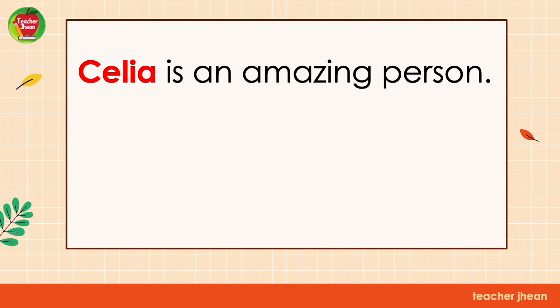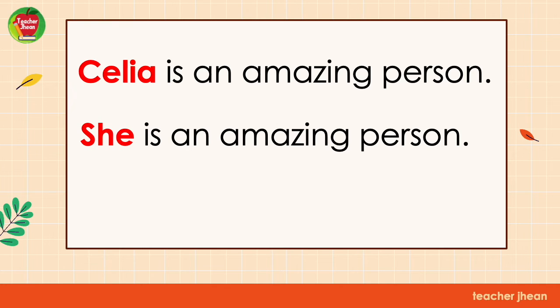Celia is the subject of the sentence, which means it is the person or a noun that is being talked about. What word can we use to replace or substitute Celia? You're right. She. So we're going to change the sentence into she is an amazing person.